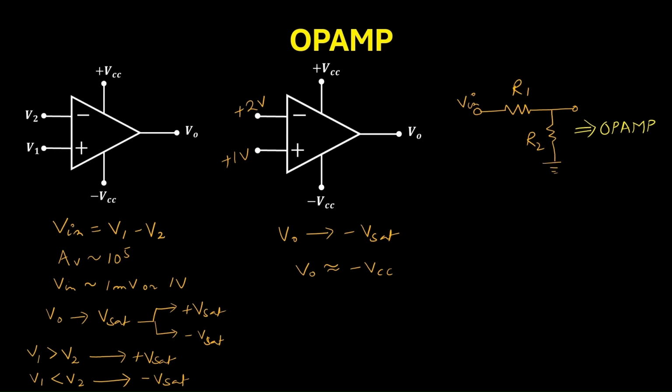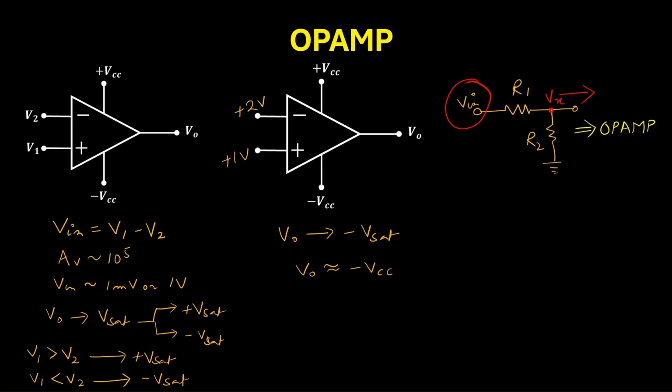In such type of situation, you should note that even though V in is the input voltage, the net voltage which is supplied to the OPAMP is the voltage at this terminal, let's say Vx.